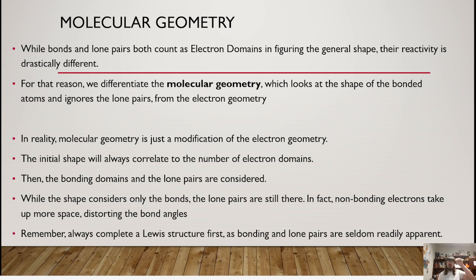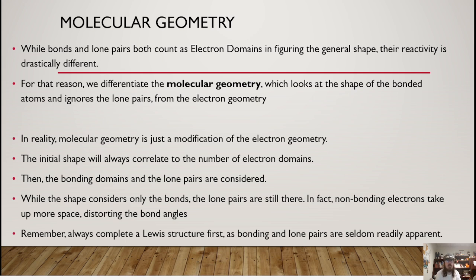However, bonds and lone pairs will have a bigger difference when it comes to reactivity. They both contribute equally when finding an electron domain, but when it comes to reactivity, their properties are entirely different.